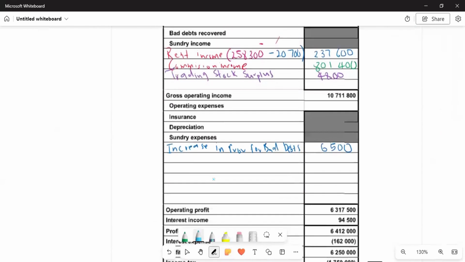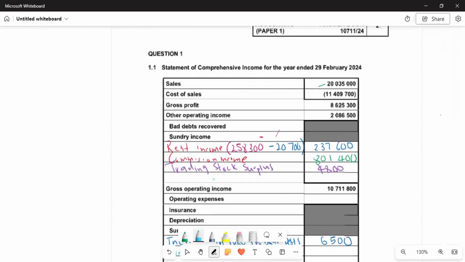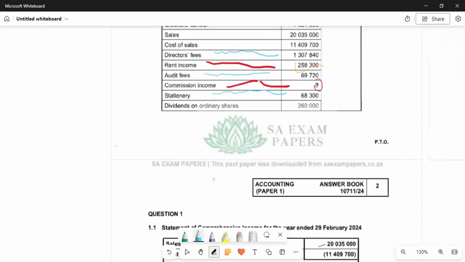So far these are the three given expenses I have, so let me go and recognize them here. First thing first, I have my director's fees. And how much are those director's fees? The director's fees were 1,307,840.